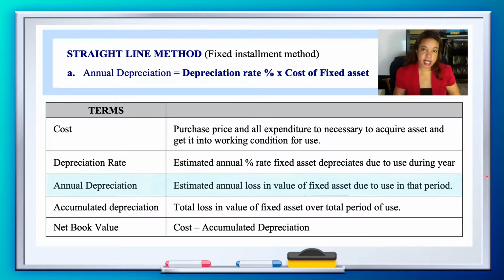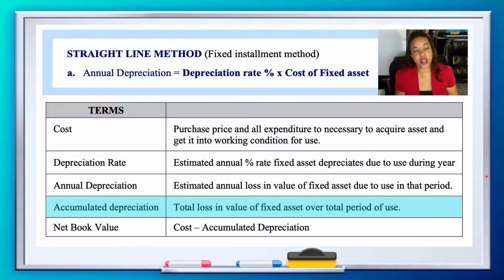Whilst you are using it over a period of time, because you do not just use it for a year and then you get rid of it. Remember, it is a non-current asset. So being a non-current asset, it is used for more than a year. After you have calculated your annual, of course, as you use it every single year, the depreciation or the reduction in value will be accumulated or add up. So it is going to depreciate in total.